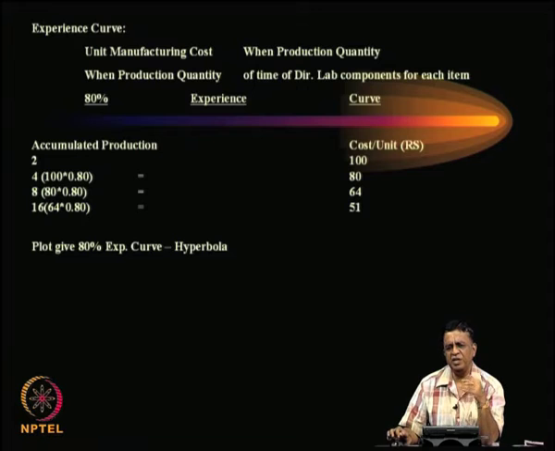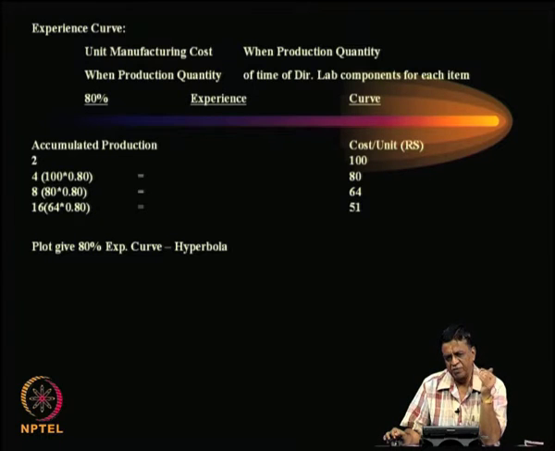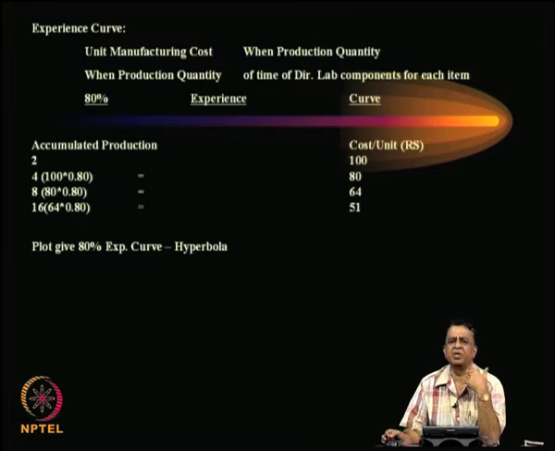That is, you make use of the experience of the production shop worker to come out with more number of units. As his experience increases in a particular line of production, it is very possible that he may be able to increase his production, because he is going through the same production cycle over and over again. There is a learning which is taking place.